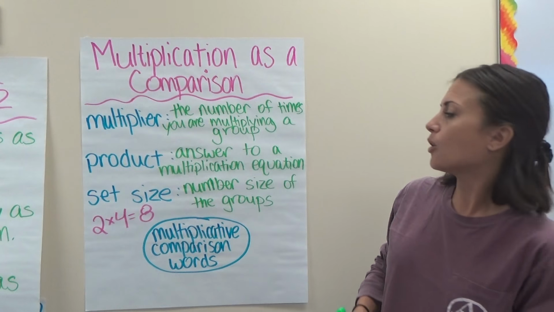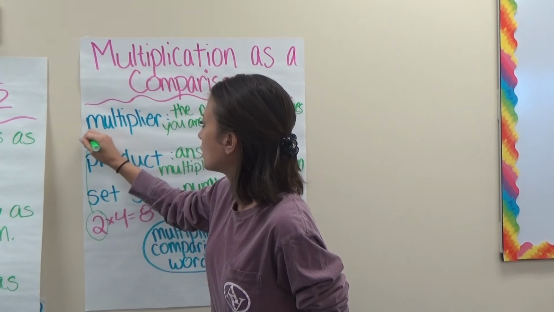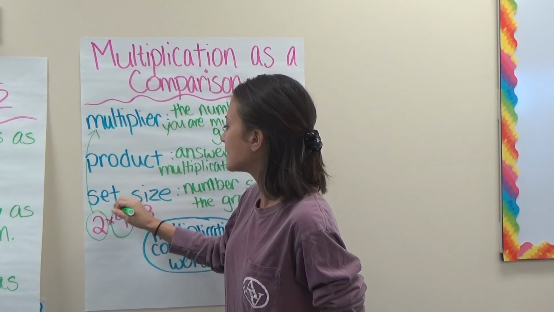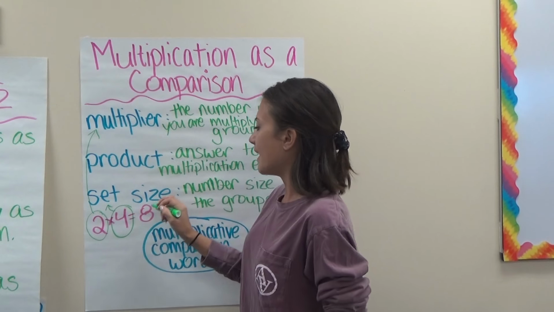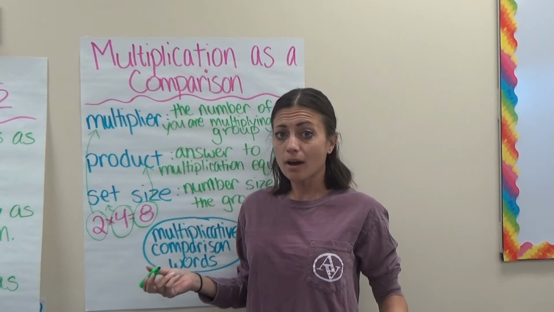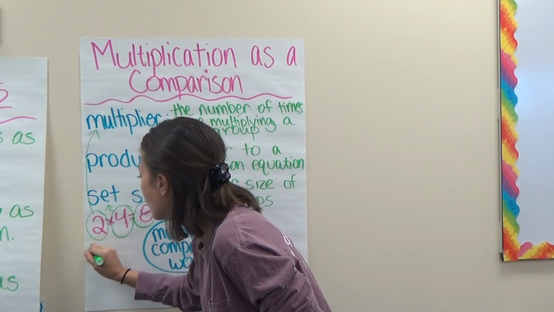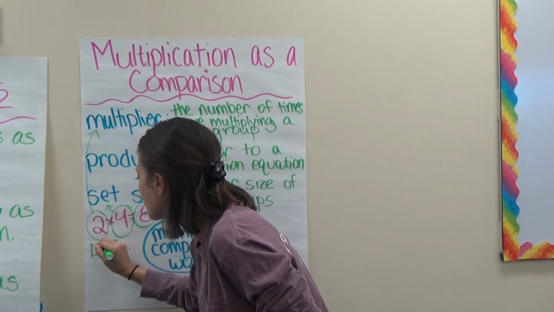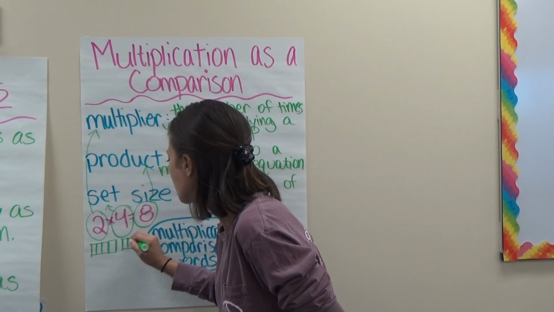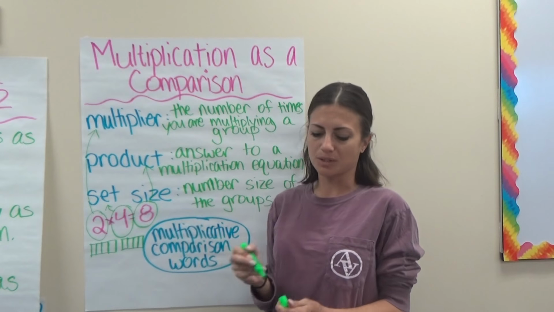Well, that means that my multiplier is 2, because I have 2 groups of 4. 4 is the size of my group, and 8 is my product. Now, if I'm drawing that out in pictures, that's going to look like 2 groups of 4. So I have 1 group of 4, 1, 2, 3, 4, and 2 groups of 4, 1, 2, 3, 4. 2 times 4 equals 8.